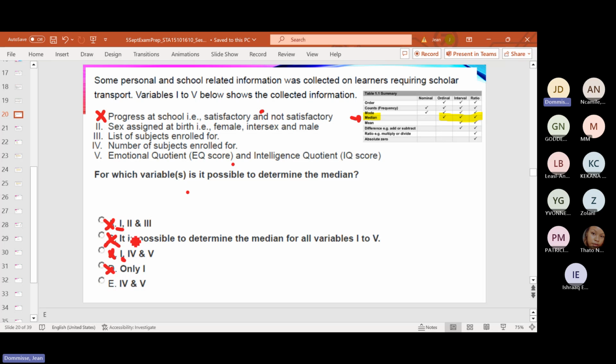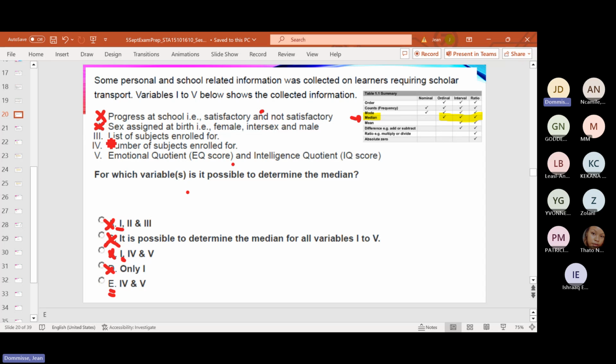Okay, so in this one, by just identifying the first one was wrong, we actually then have our answer as option E. We didn't even need to look at whether options 4 and 5 are correct. But let's quickly look. Sex assigned at birth: female, intersex, and male. Okay, so there's no order in that.